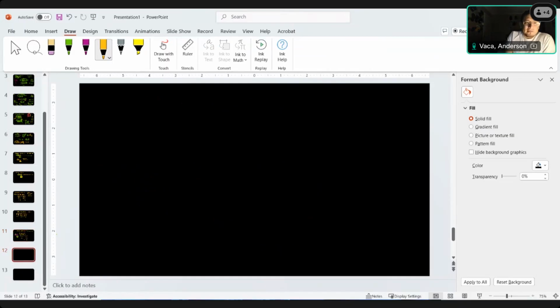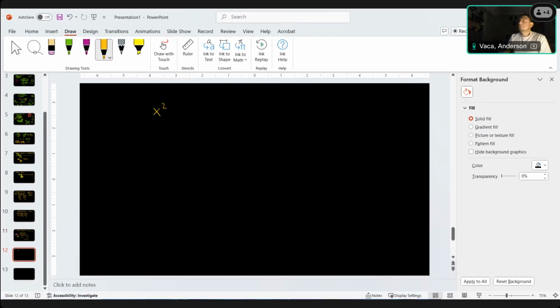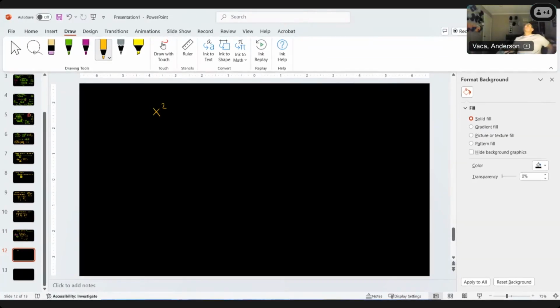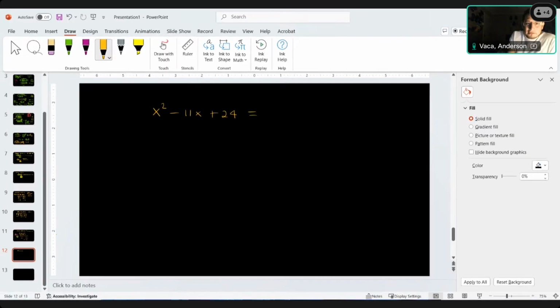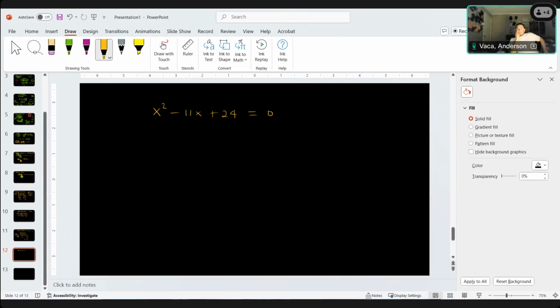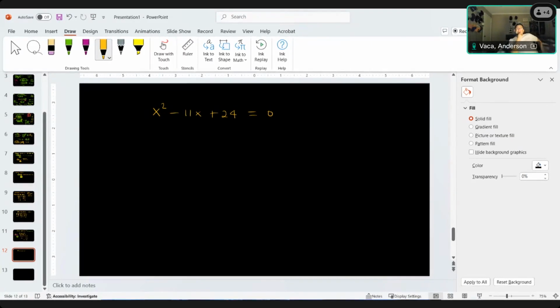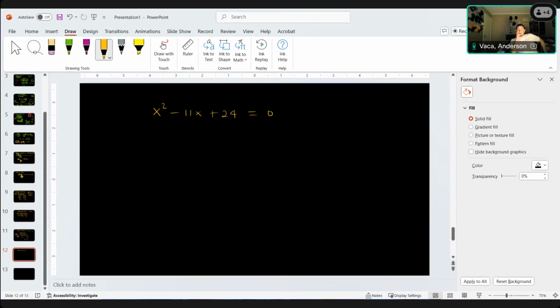Okay: x squared minus 11x plus 24 is equal to 0. I'm going to let that be there for a moment so that you can look at it and maybe you're writing it down, okay?